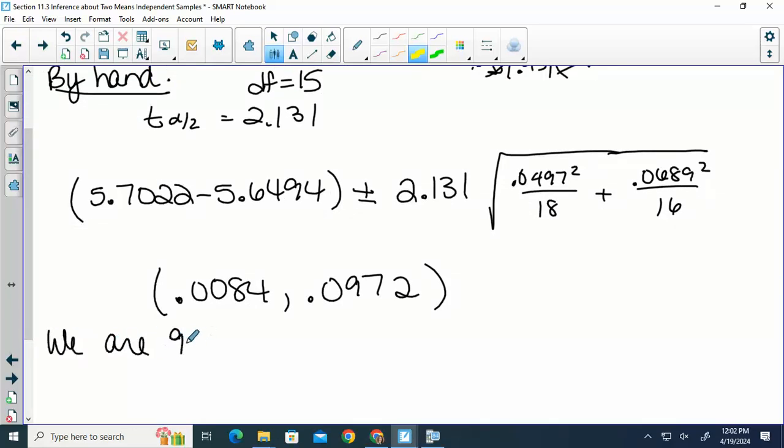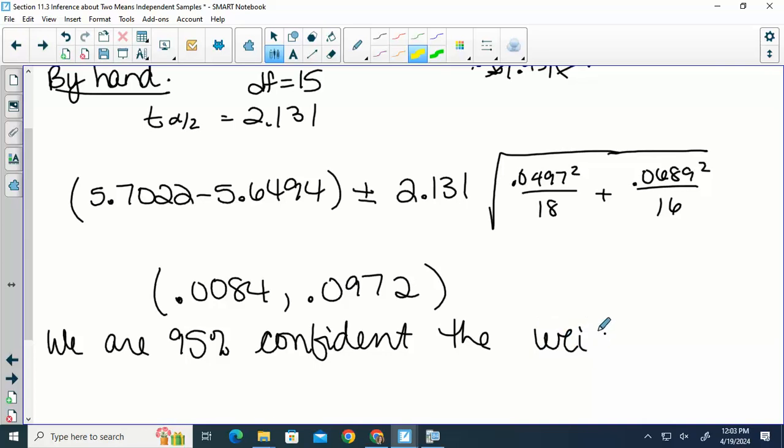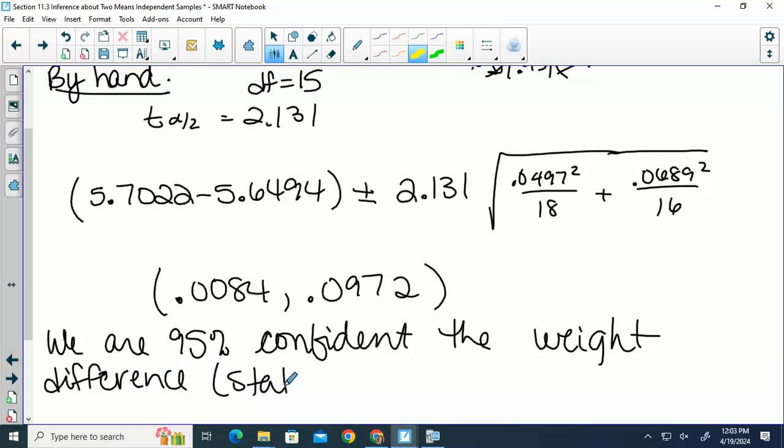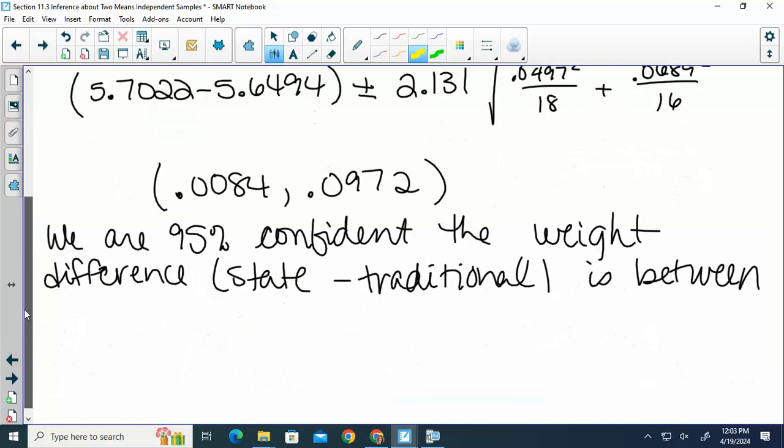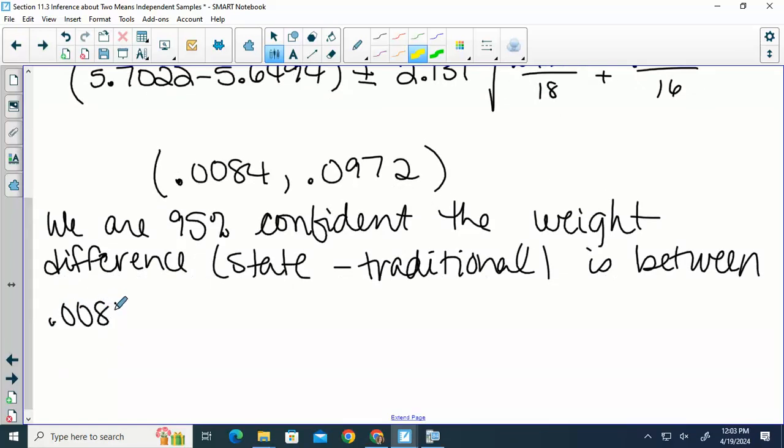We are 95% confident the weight difference, and we did state minus traditional, L1 minus L2, is between 0.0084 and 0.0972. So would this tell me reject or fail to reject?